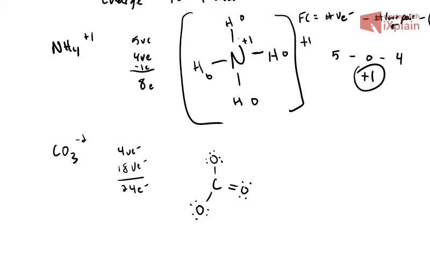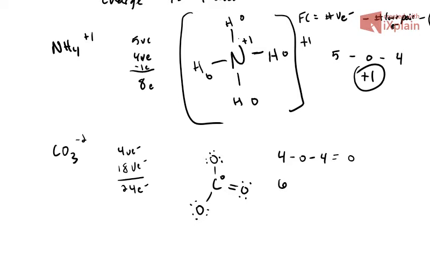Carbon first. Carbon has 4 valence electrons, has 0 lone pairs, and it has 8 bonded electrons divided by 2, that is 4. And so its formal charge is 0. Let's go with this oxygen, the double bonded oxygen.